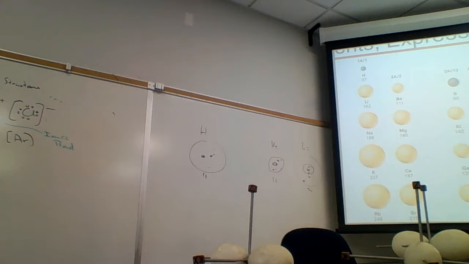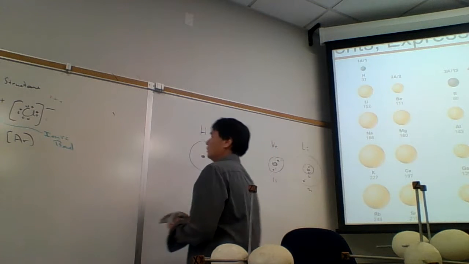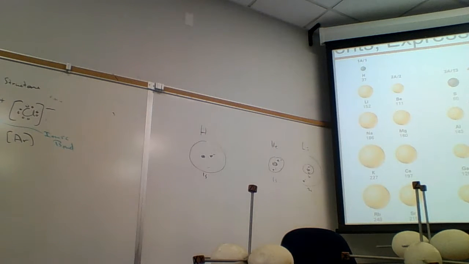And so the size trend goes like this. If we look at the periodic table, then the size decreases across, because of increasing number of protons.